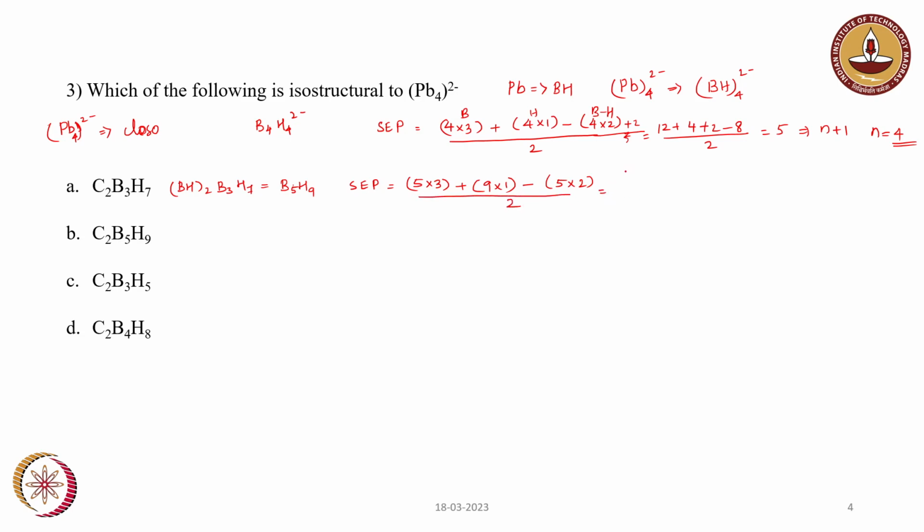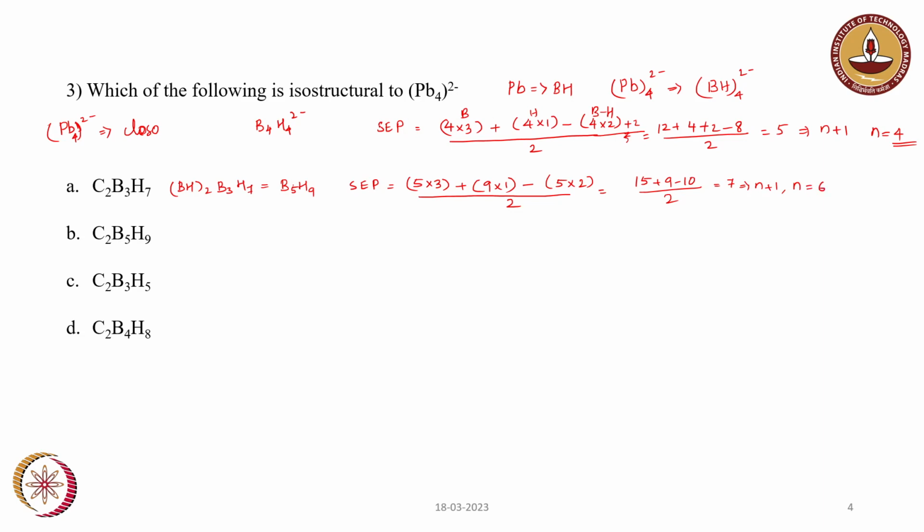That is 15 plus 9 minus 10 divided by 2, that is 7, which is n plus 1, and n will be equal to 6.